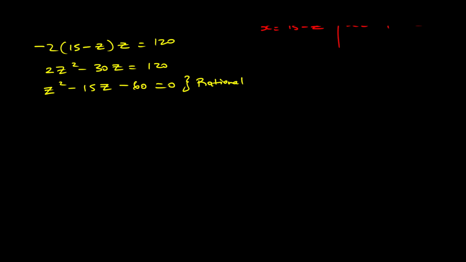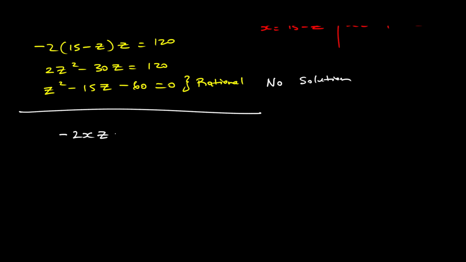So when y is negative 15, so let's use our original. This is not one of the solutions because we're looking for integer values. So let's go back to the equation. Negative 2xz is equal to 120. So negative 2 times negative 4 minus z, times z, is equal to 120.